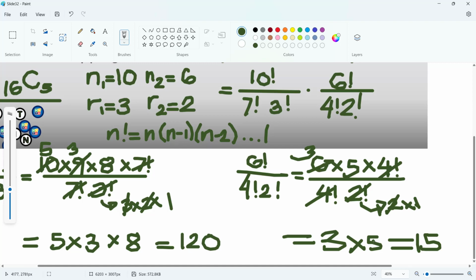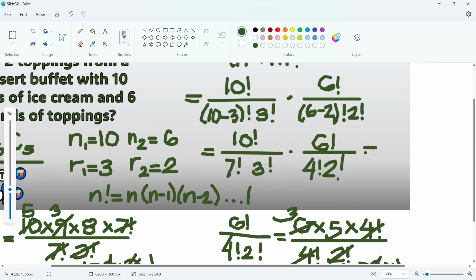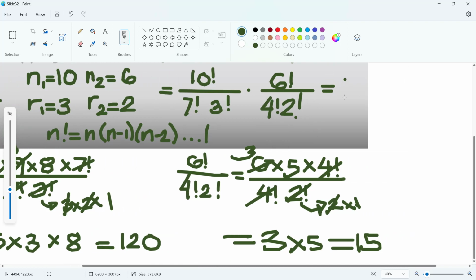Now, we can just return to our original problem here and substitute the answer. For 10 taken 3, you'll have 120 combinations for your ice cream to be multiplied with 15 for your number of combinations for your toppings. So the answer to this problem is 120 times 15.